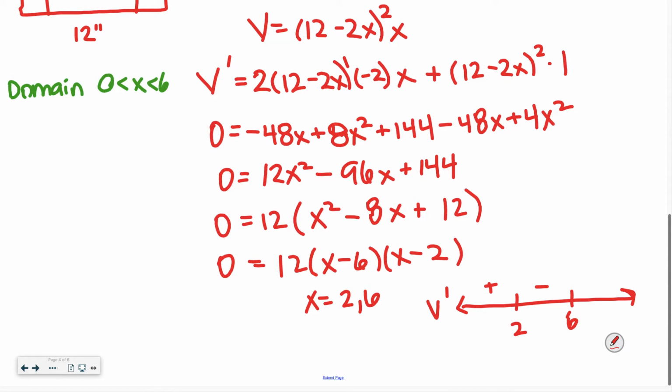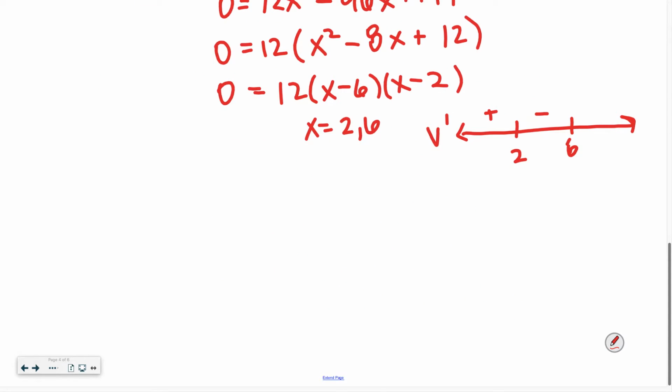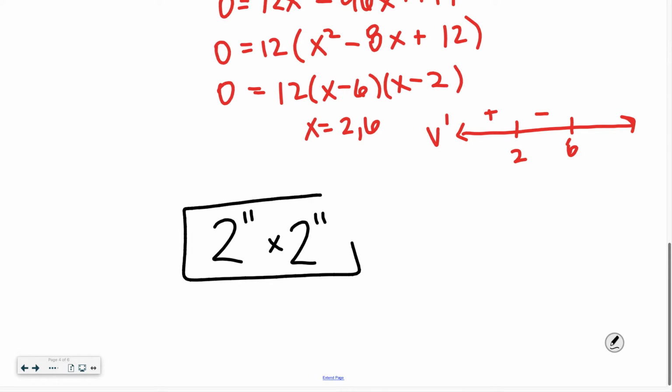How do we need to answer the question? How large should the cut squares be? What's the answer to that question? 2 inches. 2 inches by 2 inches. That would be the answer I would look for.